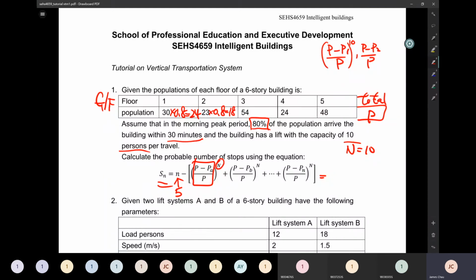Do you have any questions here? Now I will give you time to complete this question. I will explain question 2 first, and question 3, so that in the rest of the time you can do the practice.